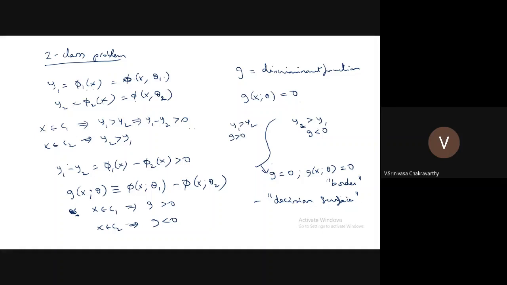Now, why is it called surface? We've been talking about it as a border and a curve and all. Because if x is 2D, right, the decision surface becomes a border, like a curve. But in general, if x is n-dimensional, what is the dimensionality of the solution of this equation? So, sorry, if the input space is two-dimensional, let me go to the next slide.